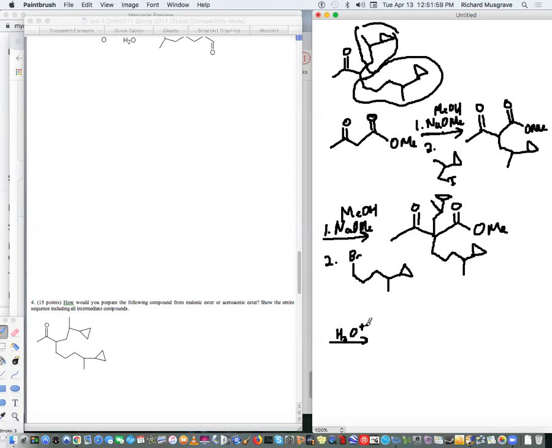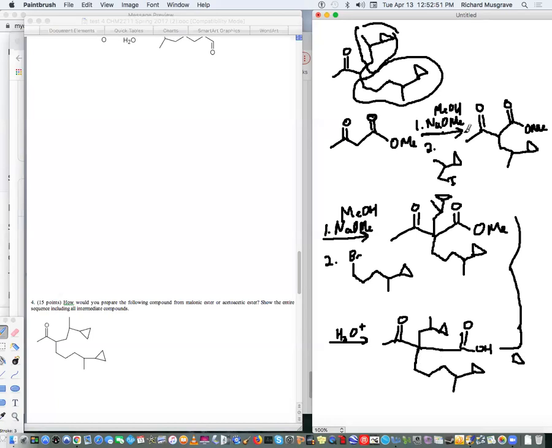Now the second to last step is the hydrolysis of the ester to give the carboxylic acid, and we've got this grouping down here, and then we heat this, which will give this final product here along with CO2.